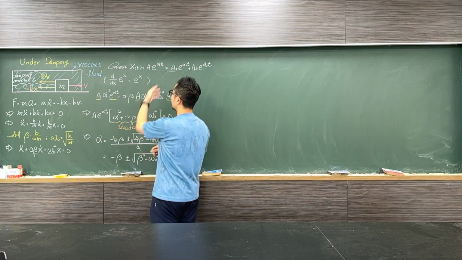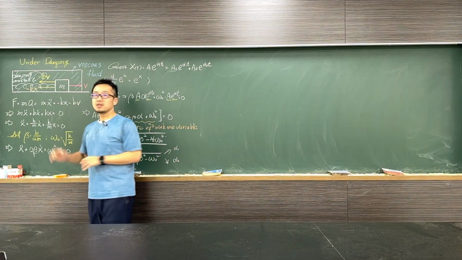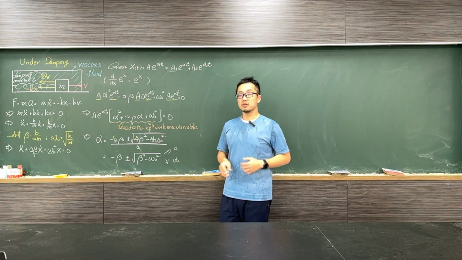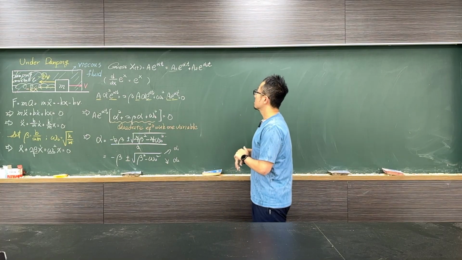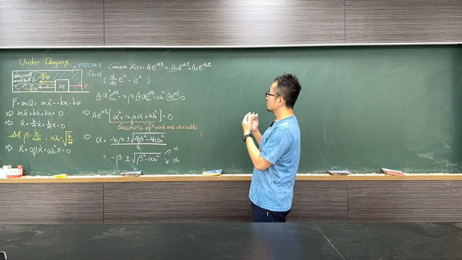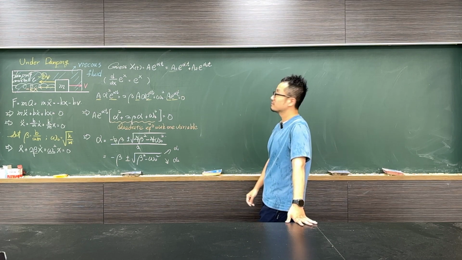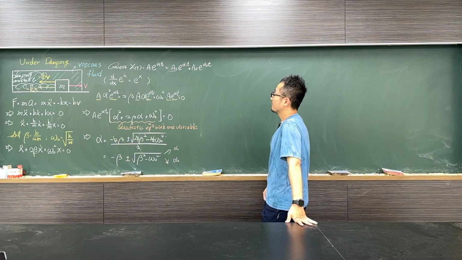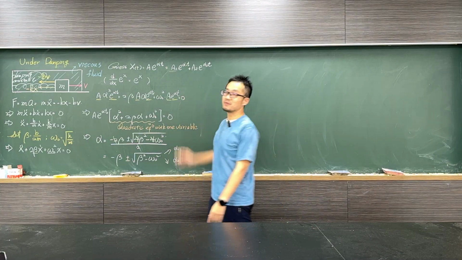Once I plug x as a function of time back into the initial differential equation and it fulfills this equation, then I would say this is the solution. All right. So how can we keep going? Just plug this alpha back into this equation, right?